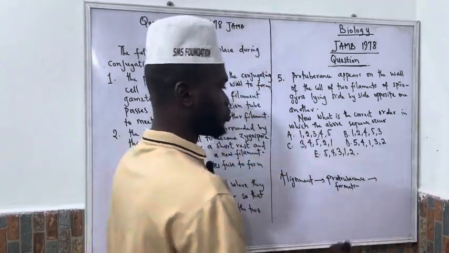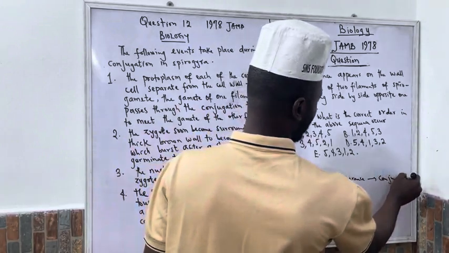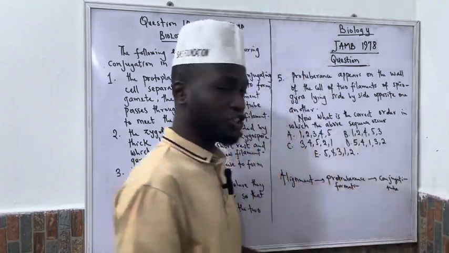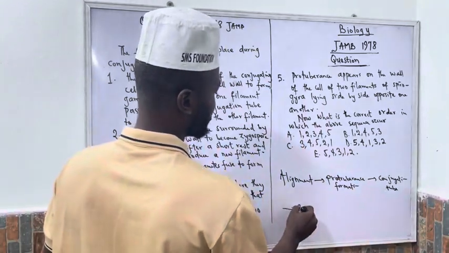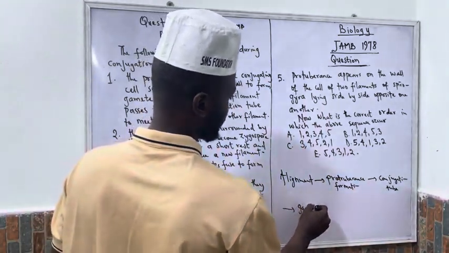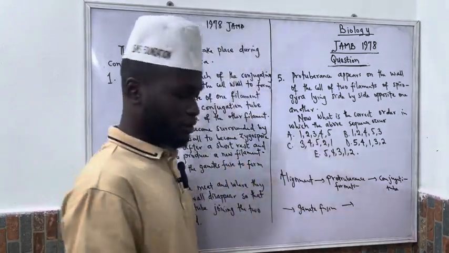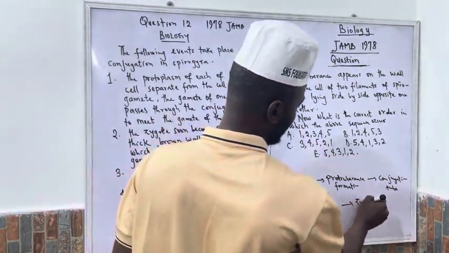Then this leads to the conjugation tube. I'm going to explain each. After conjugation tube formation, we now have gamete fusion. And finally, we have what we call zygospore formation.